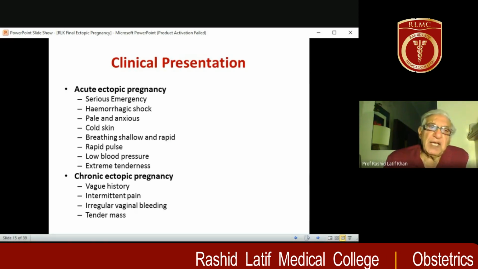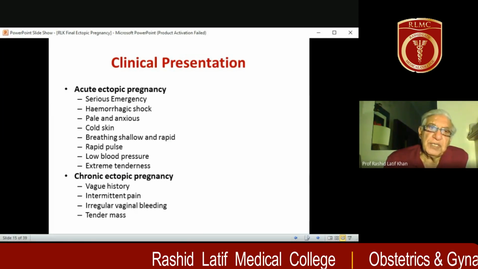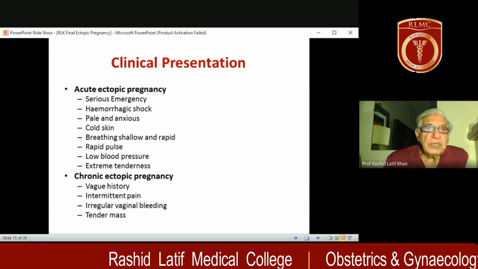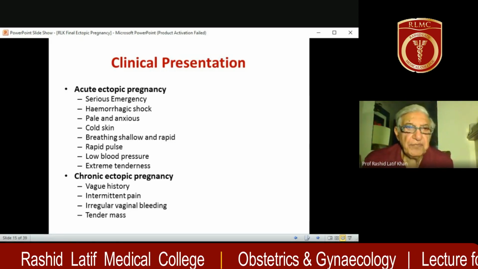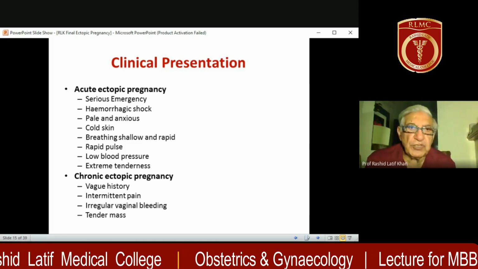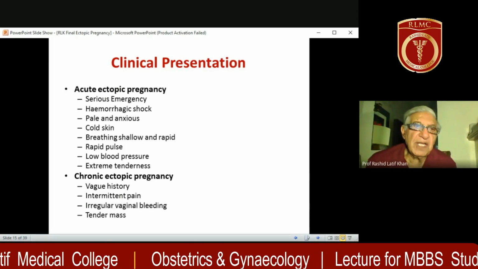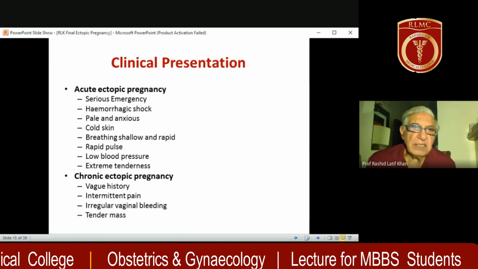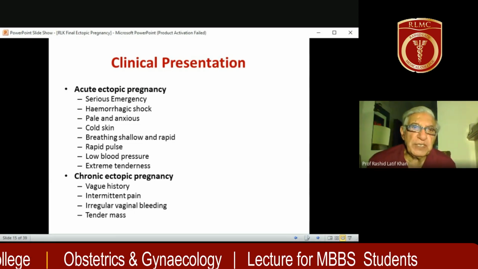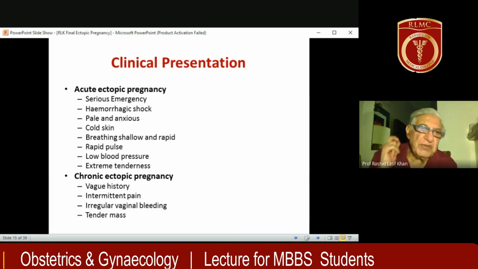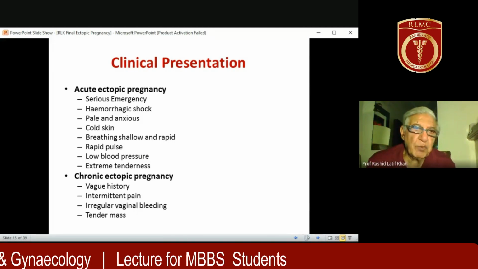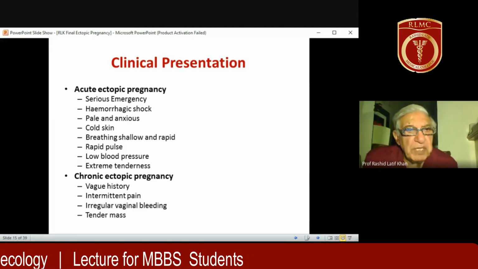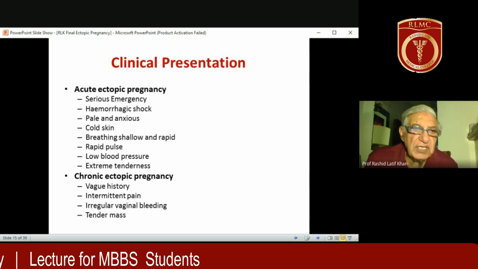He made the diagnosis of ectopic pregnancy. And because in such cases surgery is life-saving, he performed a laparotomy without instruments, with a kitchen knife, and he had no sponges, nothing. He used his handkerchief to mop the peritoneal cavity and put a stitch around, and the patient was saved. She survived.